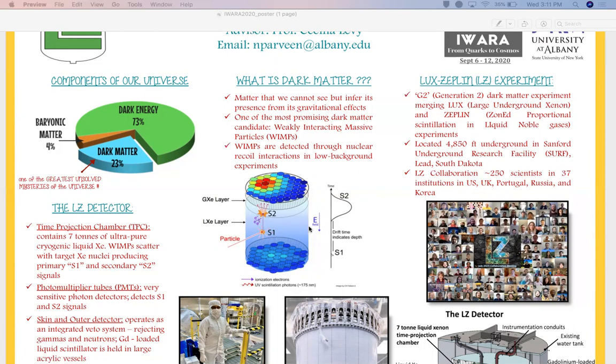Electric fields are employed to drift these electrons to the liquid surface, producing another scintillation signal, the S2 signal. Eventually, these S1 and S2 signals are detected by very sensitive photon detectors called photomultiplier tubes, or PMTs.